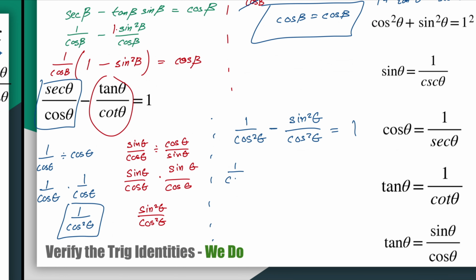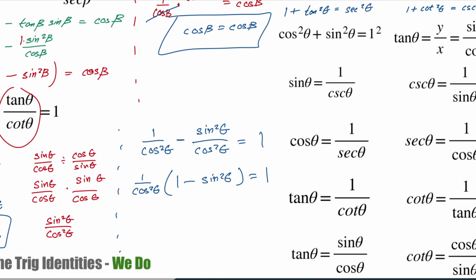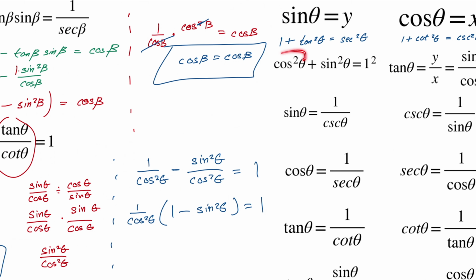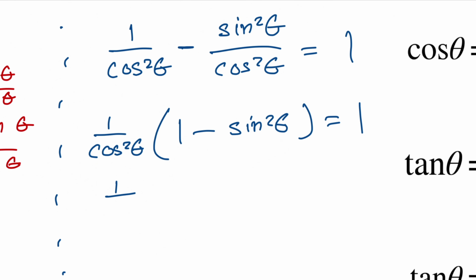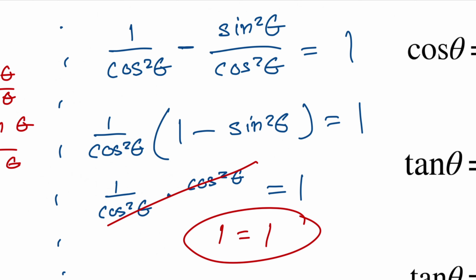So 1 over cosine squared theta times 1 minus sine squared theta. We just did that in the last problem. Well, 1 minus sine squared theta is also the same thing as cosine squared theta. So we have 1 over cosine squared theta times cosine squared theta is equal to 1. And I hope this is all kind of coming together. We divide that out and we get 1 is equal to 1.